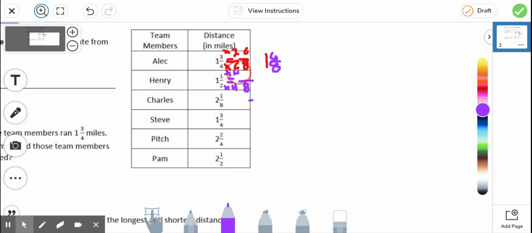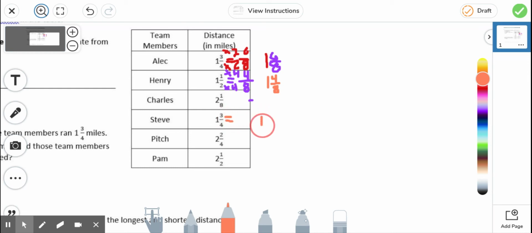Times 4, which means our new numerator here is 4. I'm going to change colors, which means we have a new mixed number, keeping this whole the same, of 1 4/8. 4 over 8. All right, 2 done. We have 3 more to go.